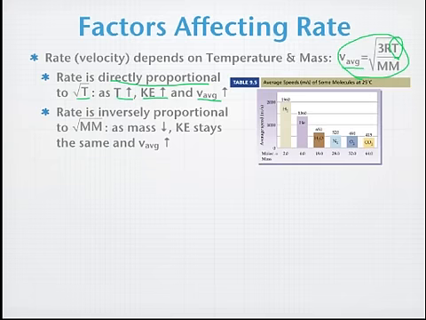And here's a chart that shows the next dependence. We saw the temperature dependence two slides ago with the helium. The other important dependence, and this is where Graham's law comes from, is the molecular mass. MM can refer to molar mass or molecular mass, but since we're talking about individual particles, let's talk about molecular mass of the particles.